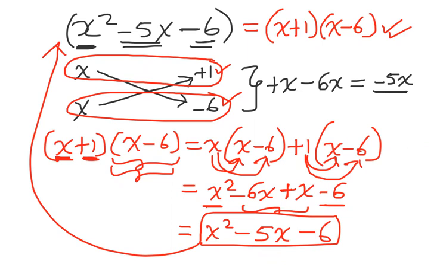Let's look at the second problem. The second problem would like us to factorize 2x squared plus 9x plus 4.